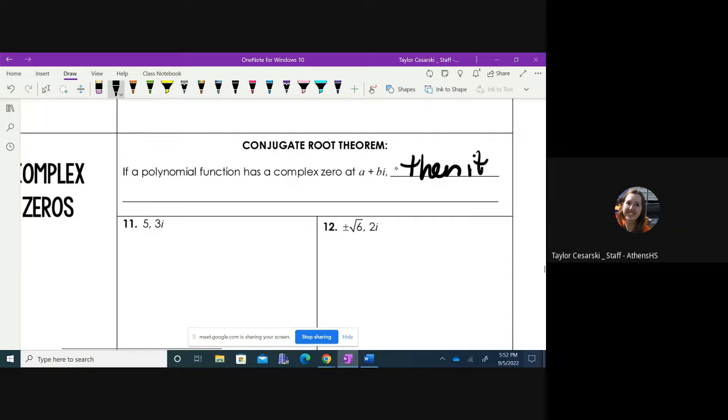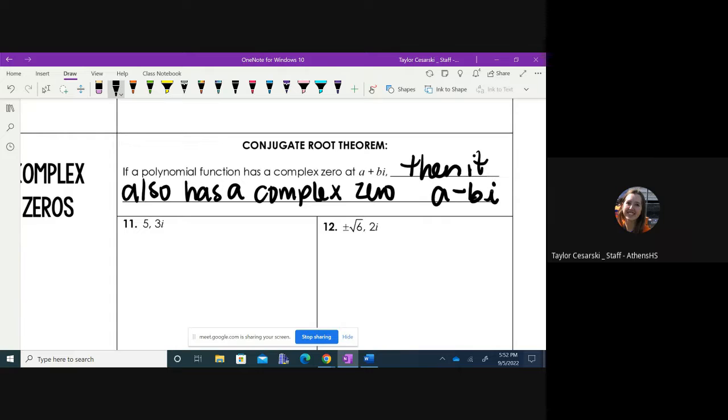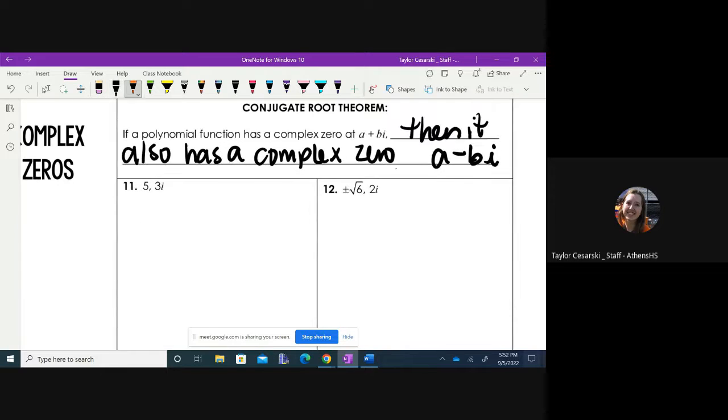then it also has a complex zero a minus bi. Okay, so again, they're going to come in pairs, they're going to come together. We'll do all of them in factored form, but then we're only going to multiply out a couple of them.